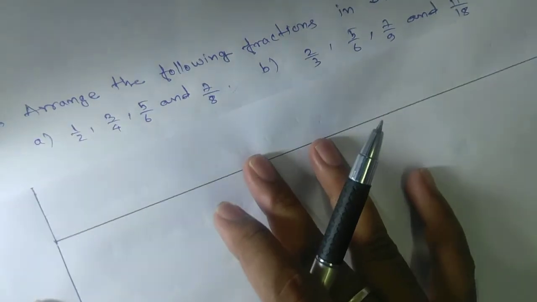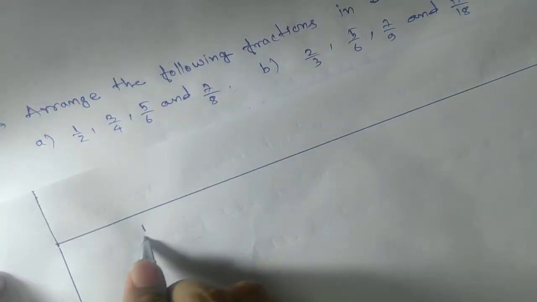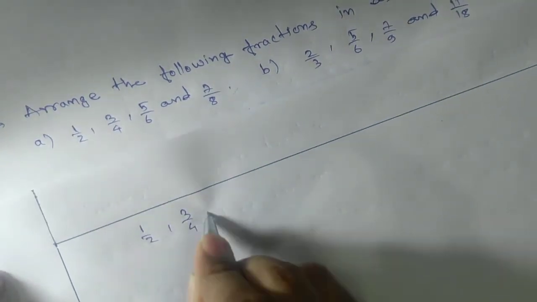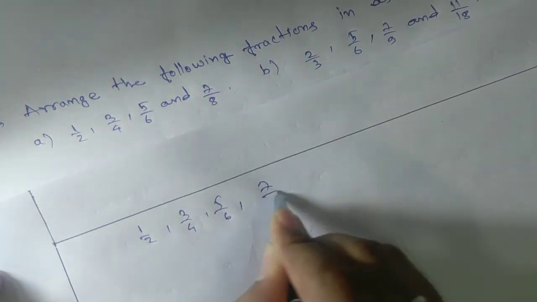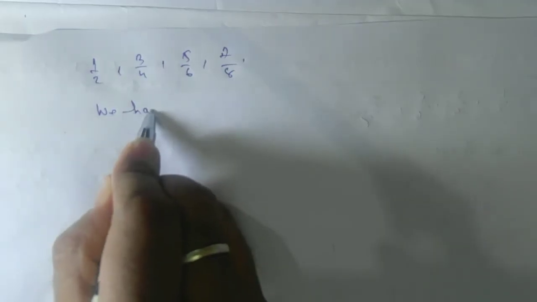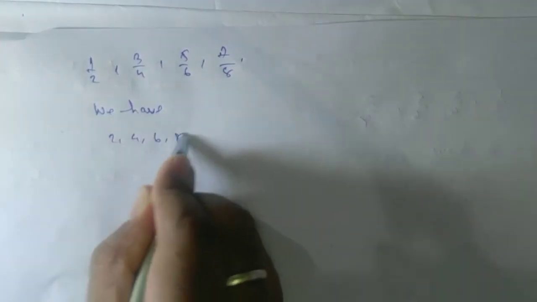Here we have 1 by 2, 3 by 4, 5 by 6 and 7 by 8. We need to arrange them in ascending order, smaller to bigger. We have 2, 4, 6, 8. Take the LCM.